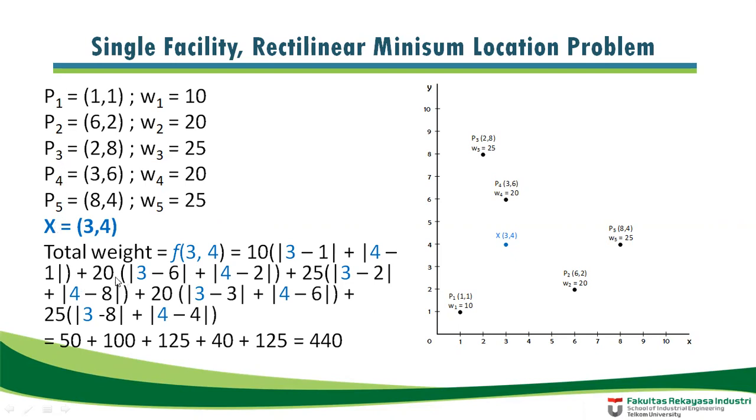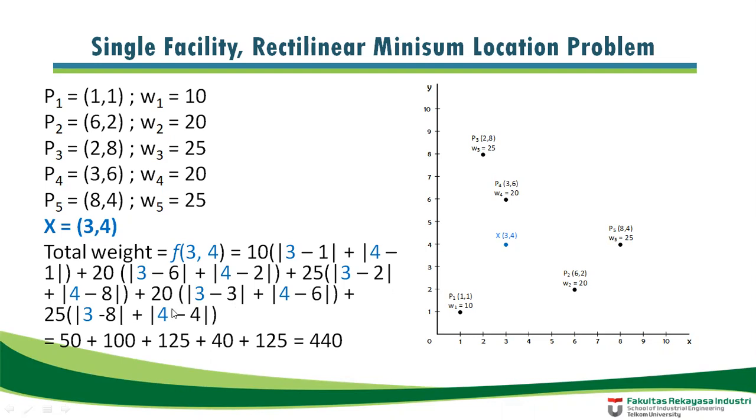Then do the same calculation for P2, P3, P4, and P5. For example, 20 is the weight for P2, so using the rectilinear method I have 3 as the new coordinate minus 4 and minus 6, which belong to the P2 coordinates.